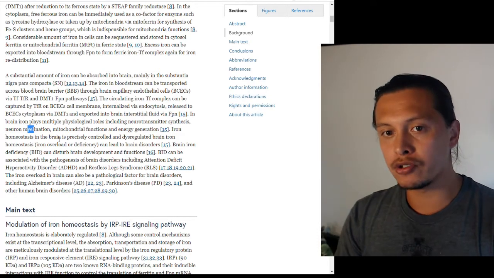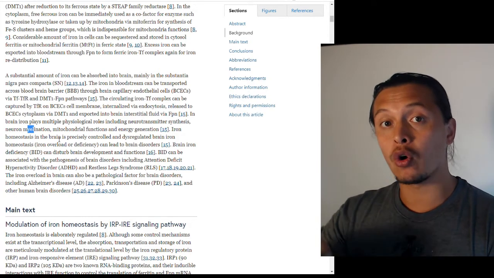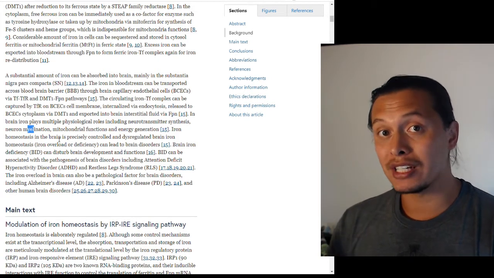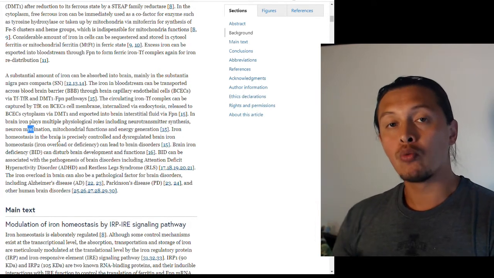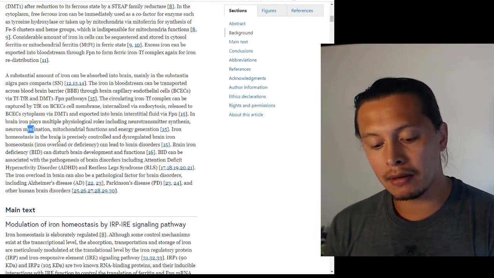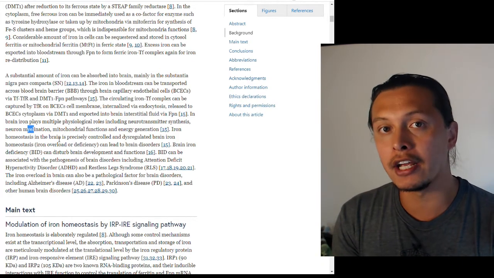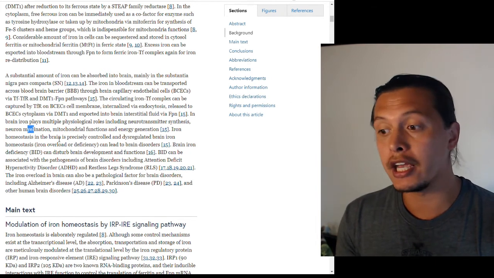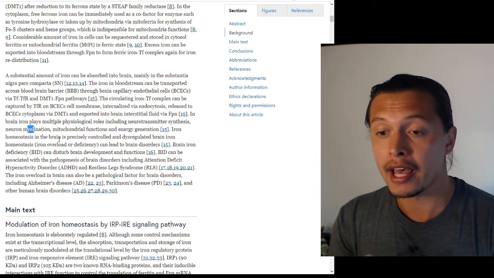Those cells are very important at remyelinating, or adding new myelin sheath onto damaged neurons. That requires transferrin, and proper expression of transferrin requires sufficient iron in the body. If you don't have sufficient iron in the body while you are developing, you can actually have a huge reduction in cognitive function as a result.